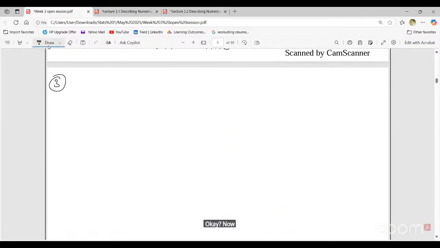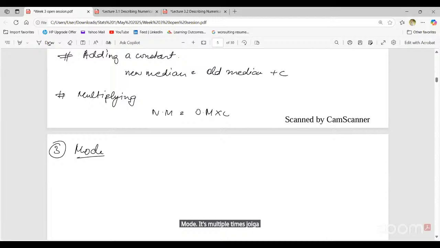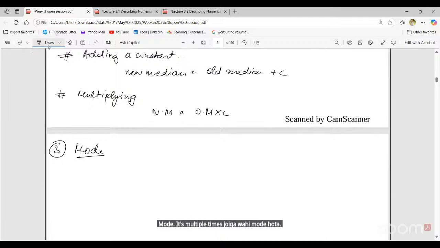Now the third thing is mode. Please scroll up a little. Mode is the value that occurs multiple times. What is mode? Mode is basically the most frequent value, the one with the highest frequency.